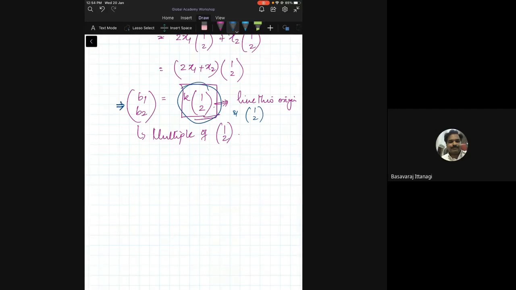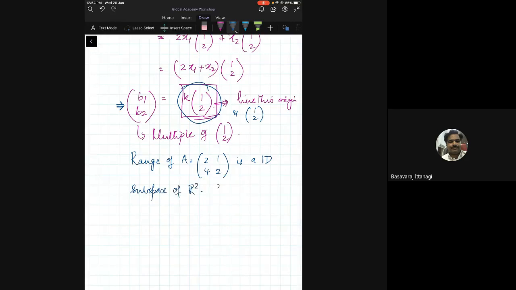Now I'm going to say the range of A, which is spanned by (2, 4) and (1, 2), is a one-dimensional subspace of R2, right?